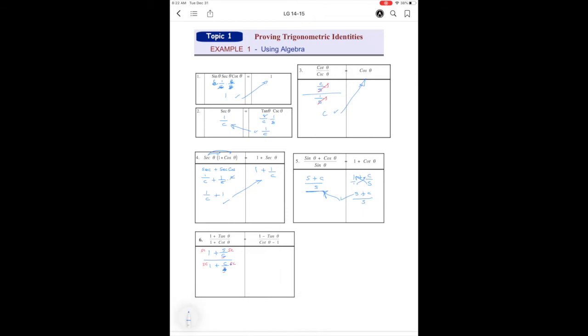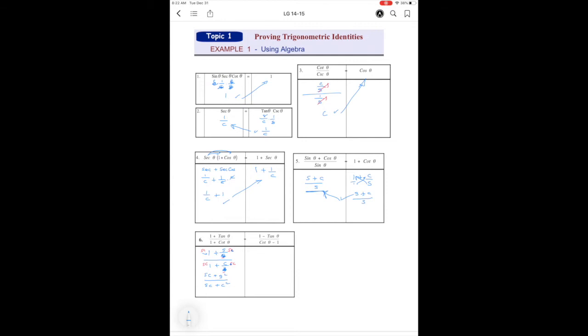So we can cancel out to get rid of that complex. So I'm left with this times that, so that's SC plus S squared, SC plus C squared.